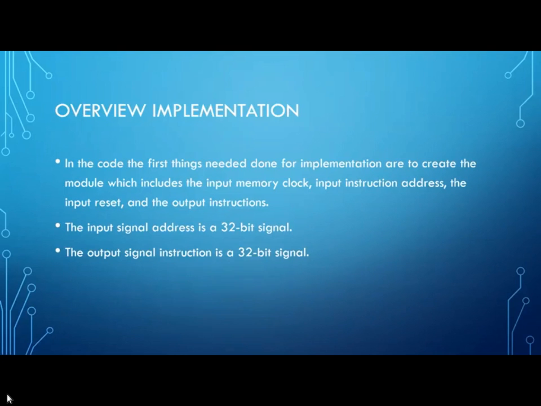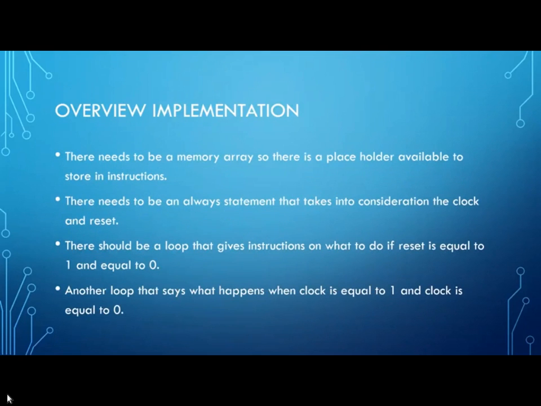The input signal address and the output signal instruction are only 32 bits. They can't be 64 bits because it only brings in 32 bits at a time. That's from what I gathered. Might be wrong. That is correct.